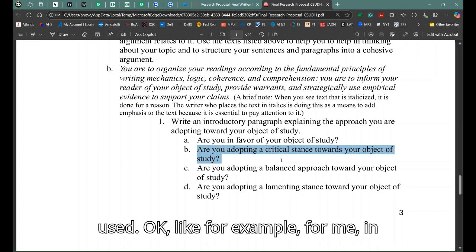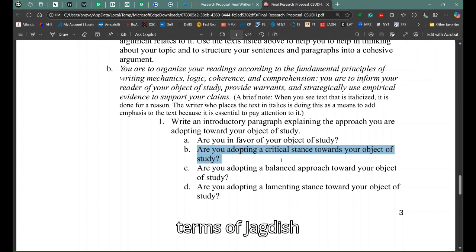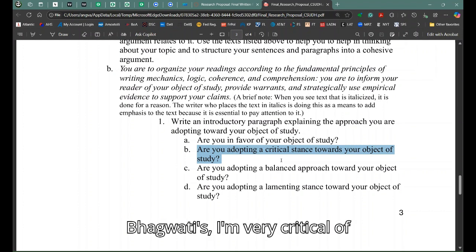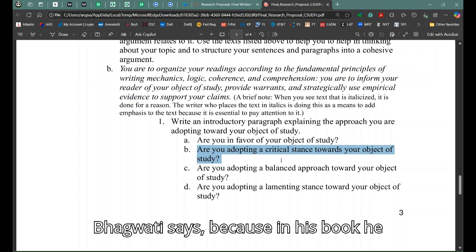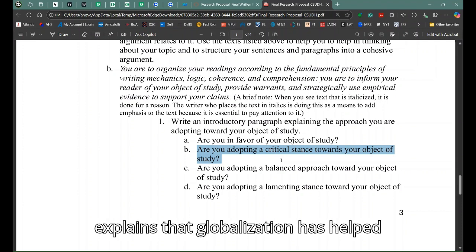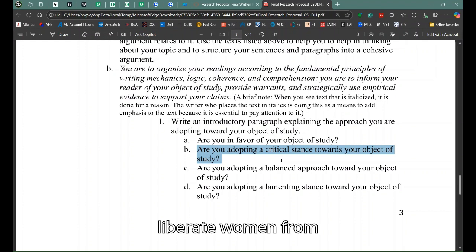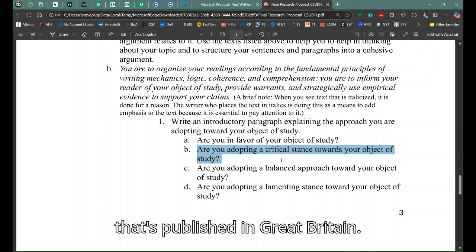Okay, like for example, for me, I'm very critical of Jagdish Bhagwati's book. Just to give you a counterpoint to what Bhagwati says, because in his book he explains that globalization has helped liberate women from exploitation. Right. However, a story was recently reported in, I think it was the Financial Times, a newspaper that I subscribe to, that's published in Great Britain.